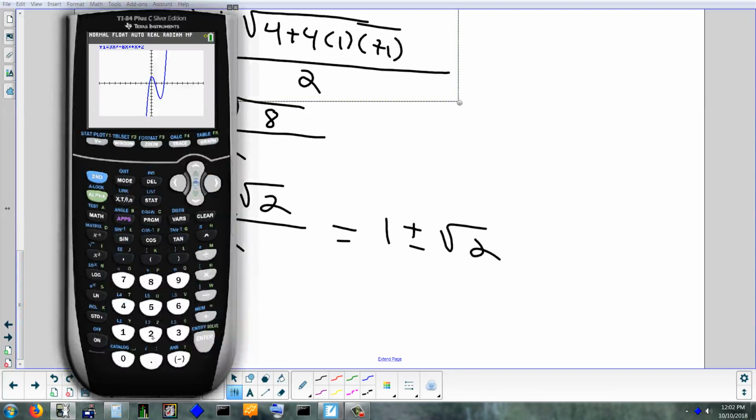Second calc 0. While I'm doing this, if somebody can just type in 1 plus the square root of 2 and just tell me what that decimal is. If you do 1 plus the square root of 2, what's the decimal for that?